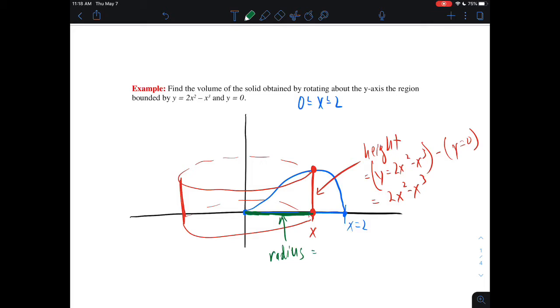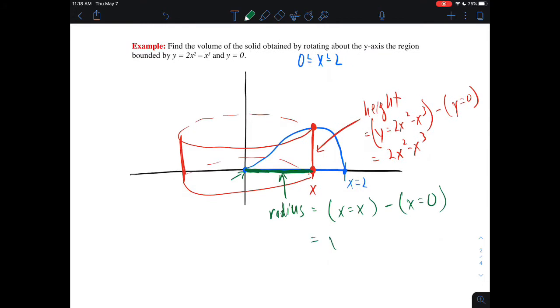But I'm still using the concept of subtraction. My radius is the x value on the right, which is really just x, minus the x value on the left, which, what's the x value at the origin? It's 0. So really this just turns into x minus 0, or just plain old x.